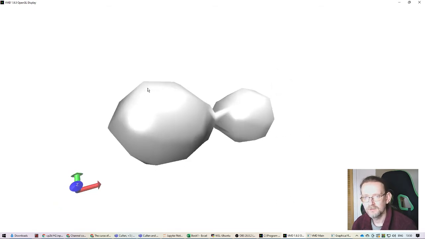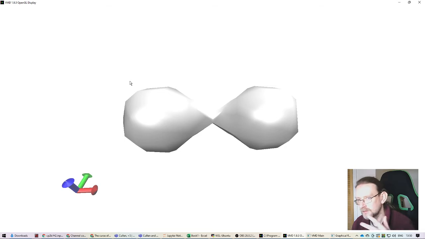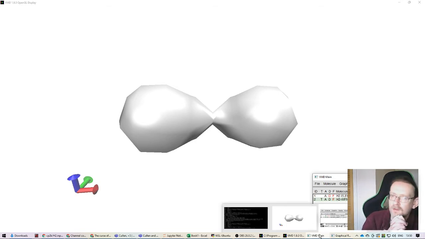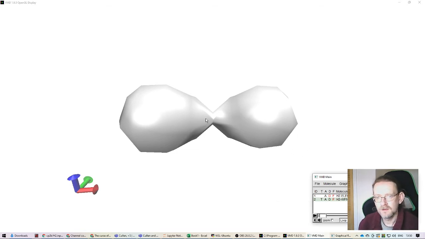This looks a bit ugly because the settings are a little bit crude, so the number of data points we've got to actually plot this electron density is a little bit low. So this is actually a picture of the individual molecular orbital, the individual electron state, and the electron density comes from the square of this thing.